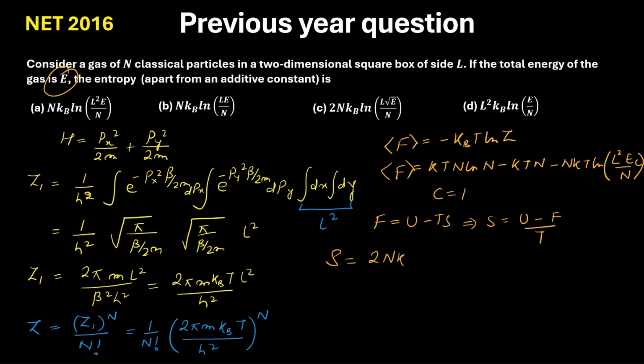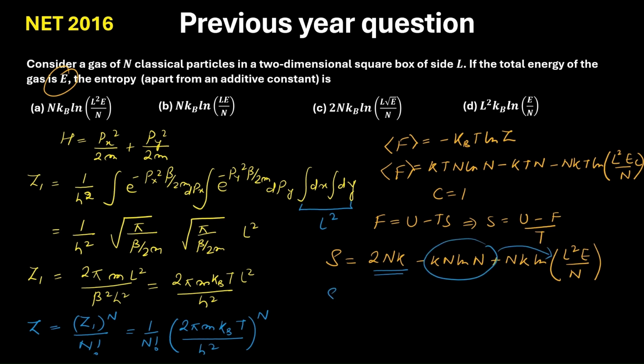2nk minus kn log of n plus nk log of L square E divided by n. I have taken the constant factor to be equal to 1. Now this term is a constant factor, so I can absorb it here.